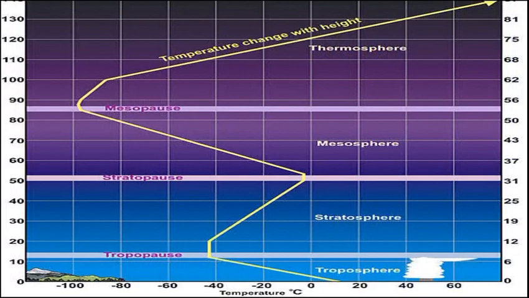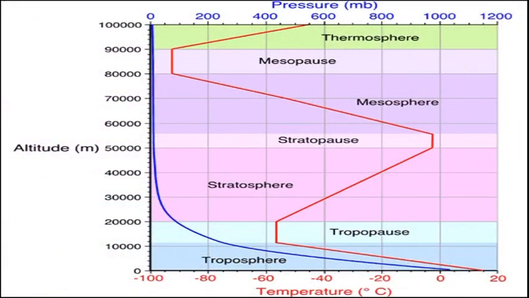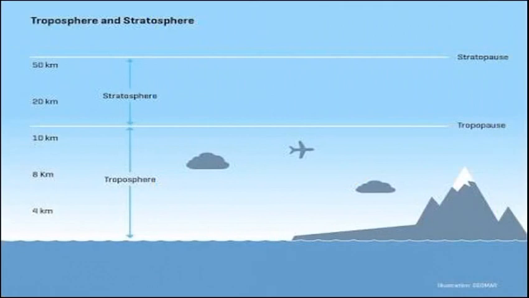So we have understood how the temperature decreases, and in the stratosphere it increases because of the presence of ozone. We can see the same with temperature and pressure. The blue line indicates the pressure. Stratosphere, troposphere, in between lies the tropopause, and the upper limit of the stratosphere is the stratopause.